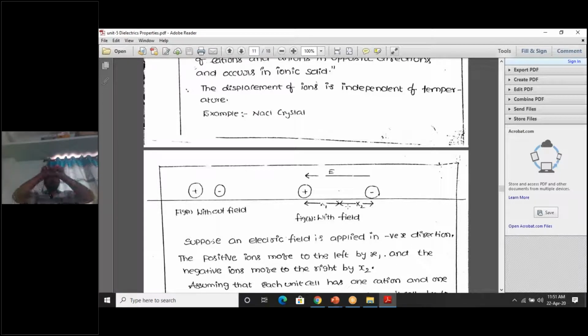As we apply mechanical force on the rubber band, a restoring force is developed inside the rubber band. If you apply a small force, a small restoring force is there. If you apply a large mechanical force on the rubber band, a large restoring force is developed inside the rubber band also. The same concept applies here.